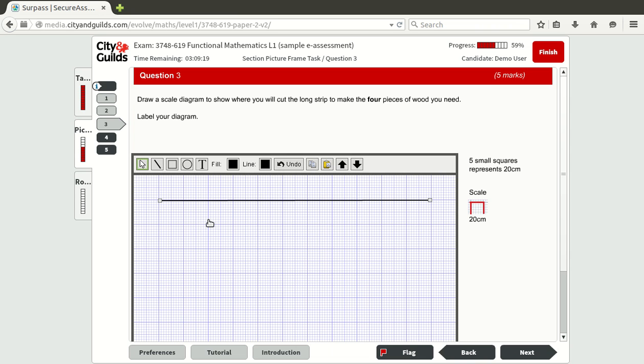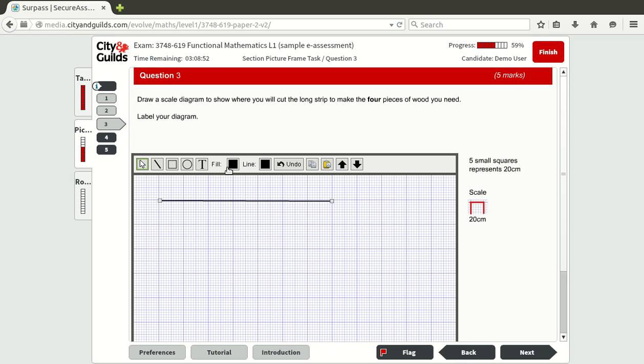So 40 times 7 is 280, so that's 1, 2, 3, 4, 5, 6, 7. I think it's too long, so let me put it down a bit more. There. So 1, 2, 3, 4, 5, 6, 7. So 7 times 40 is 280 centimeters.